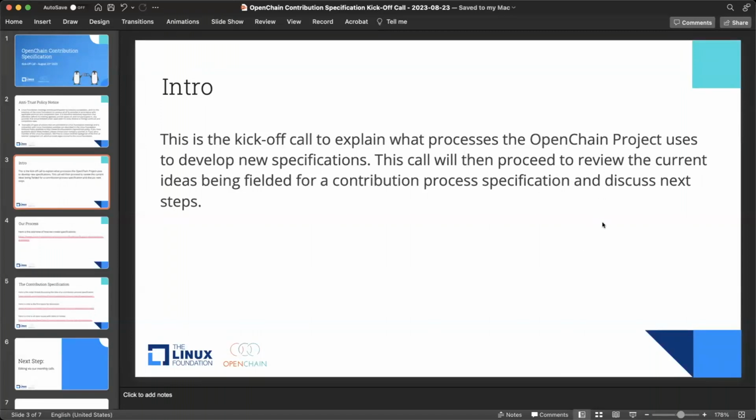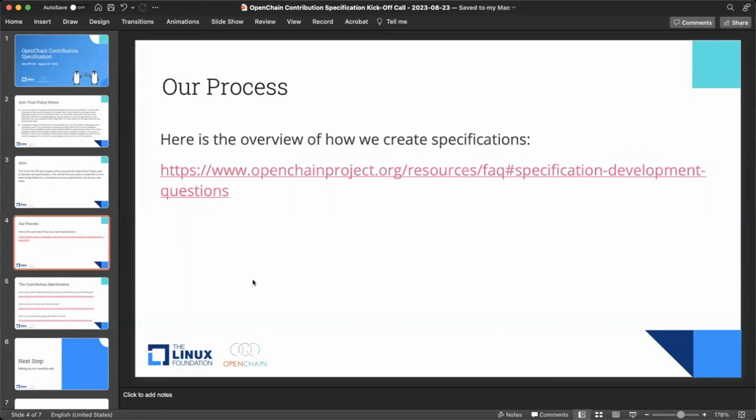Very specifically, we will be looking at the OpenChain processes for developing specifications. And I will share my screen to show that now in just one moment.